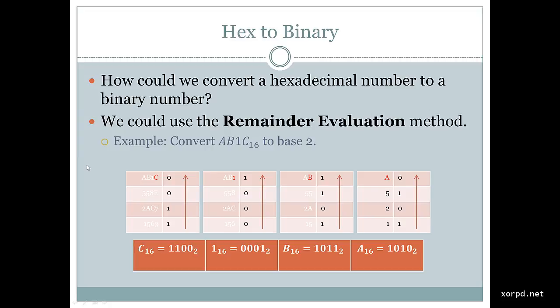Another interesting aspect of this table is that if we take the binary numbers in each of the small tables and write them in this order, just like the arrow shows, for example, for this one, 1, 1, 0, 0, we get that C in base 16 equals 1100 in base 2, and 1 in base 16 equals 0001 in base 2, and so on.